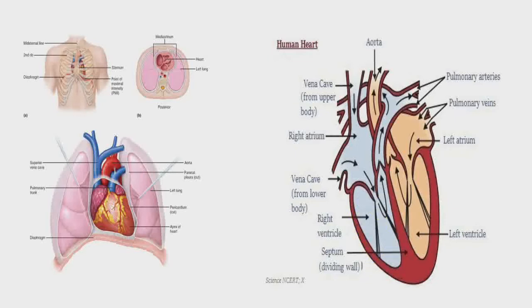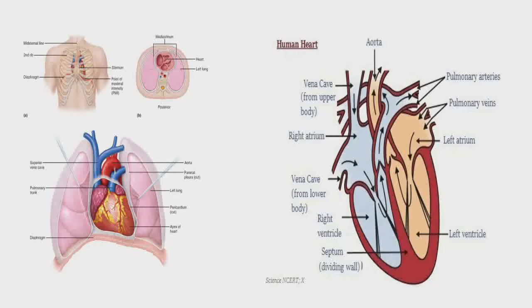Now we will see the flow of the blood. I have told you about the chambers, their names, and which part contains deoxygenated and which part contains oxygenated blood. Now you can see here with the help of the arrows that the blood comes from all parts of the body, the upper part and the lower part, through the vena cava.